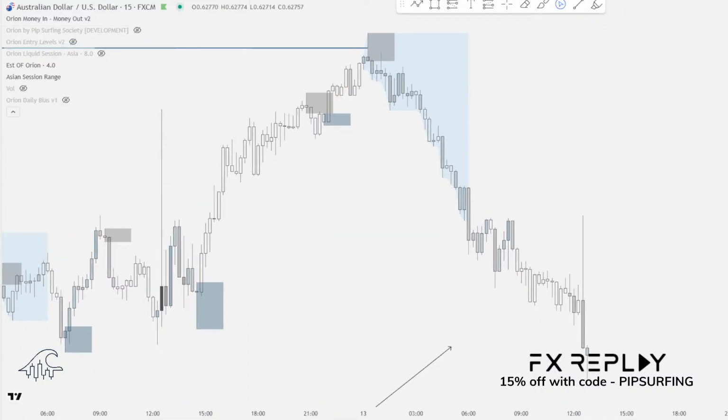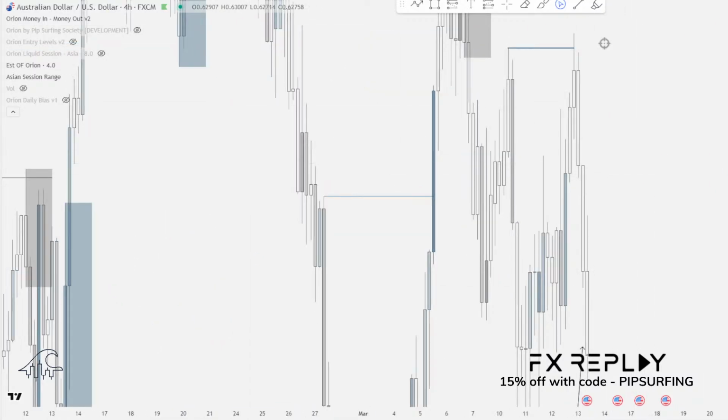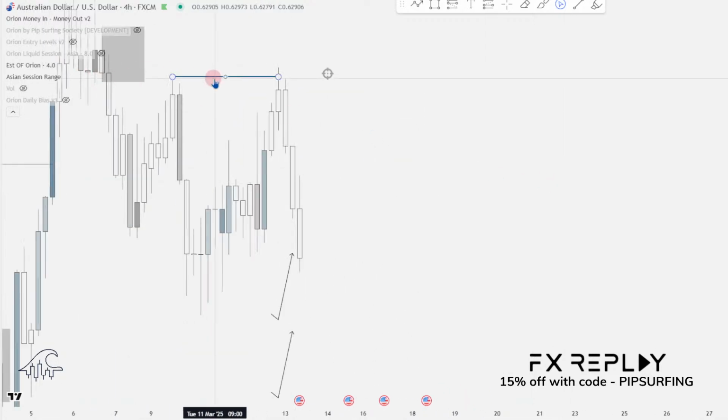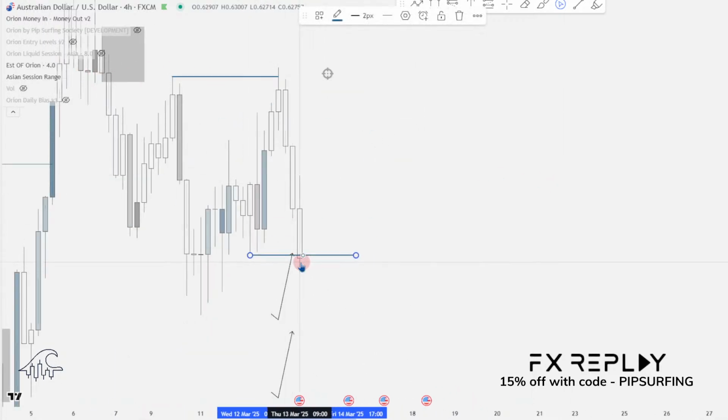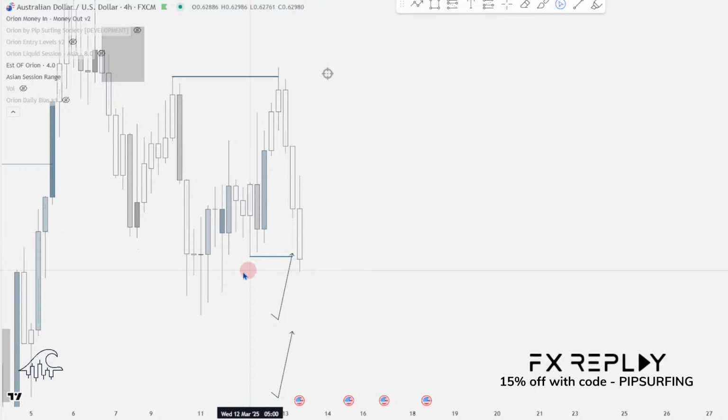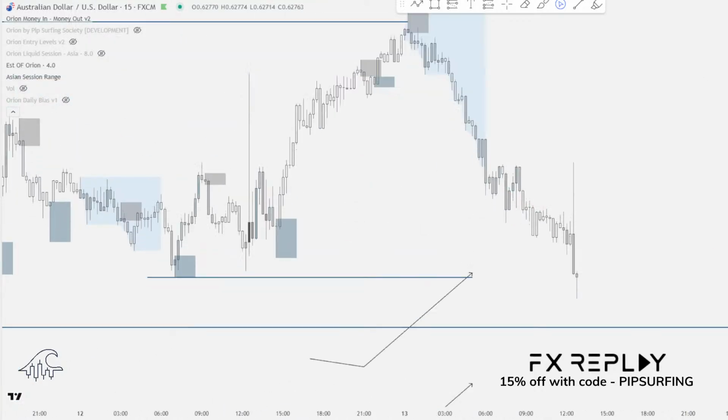So taking the same principle into consideration, come back to the 4-hour chart, and we now have this low, which again has relative high volume there, and we also have this low. All right, so when we come back to the 15-minute, look at what we've done here.